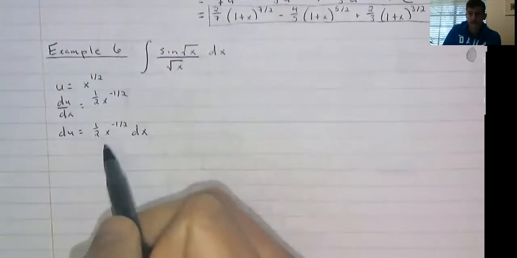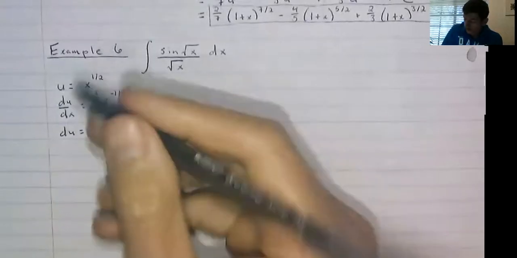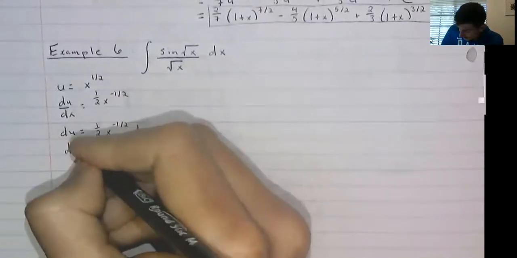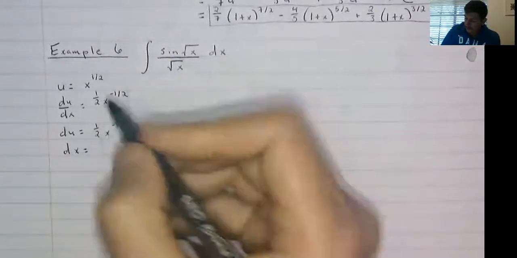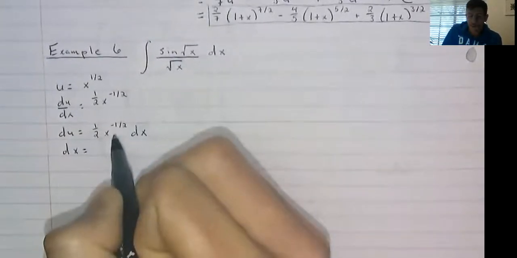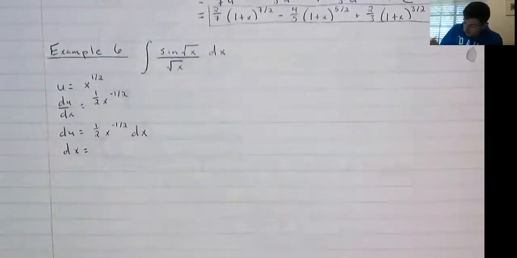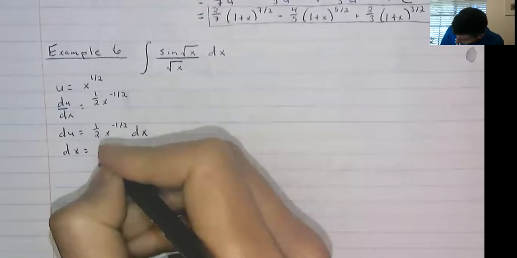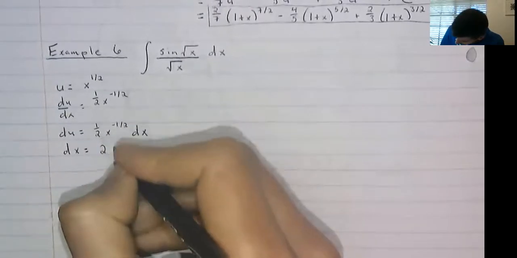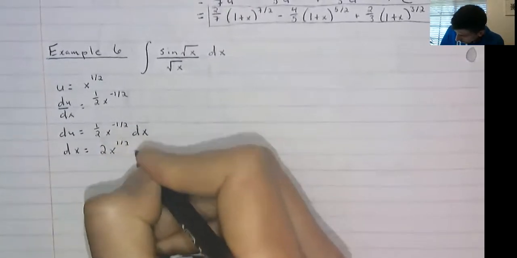And as our habit is to solve for dx explicitly, we gotta be careful here, we're dividing both sides by 1/2 x to the negative 1/2, which means that dx is equal to 2x to the 1/2 du.